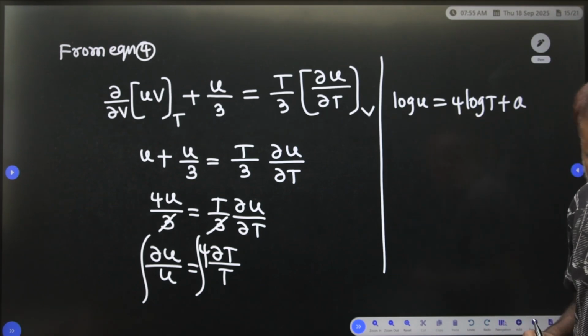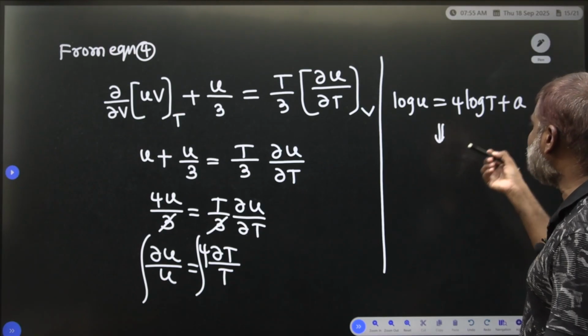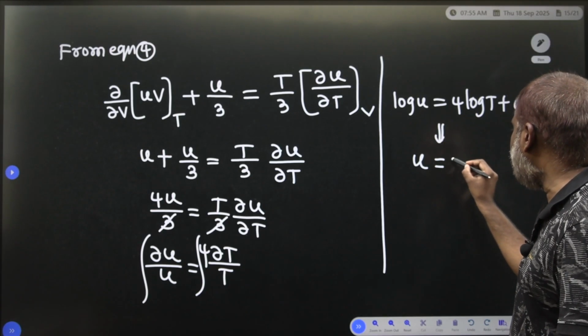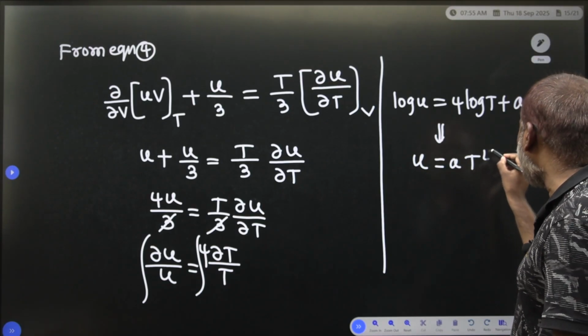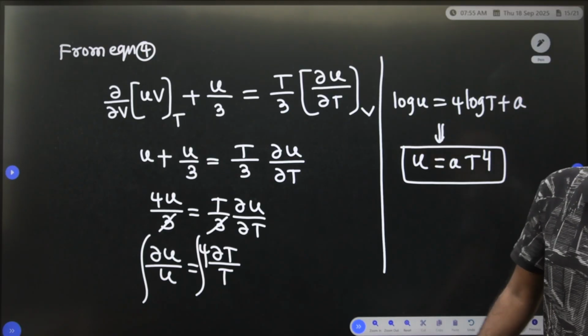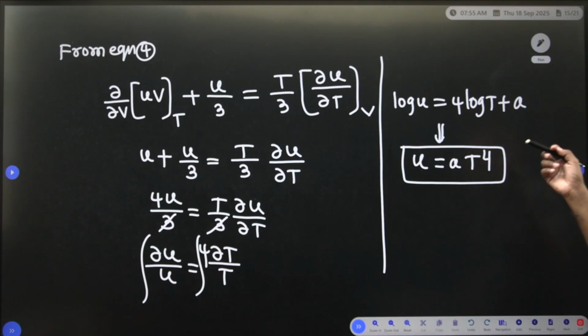Now you simplify this, so U is equal to some constant into T to the power of 4, where A is the integral constant you have to use here.